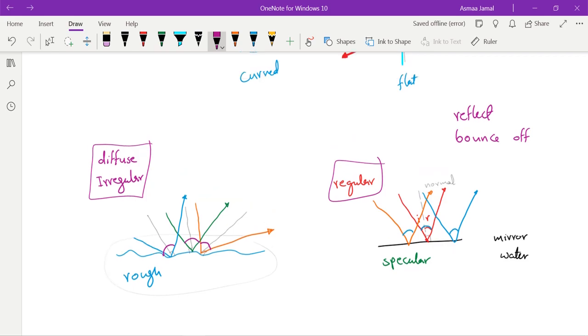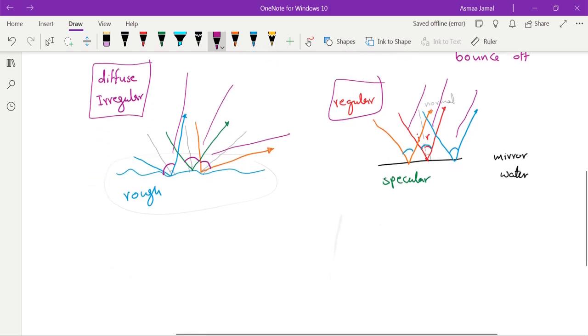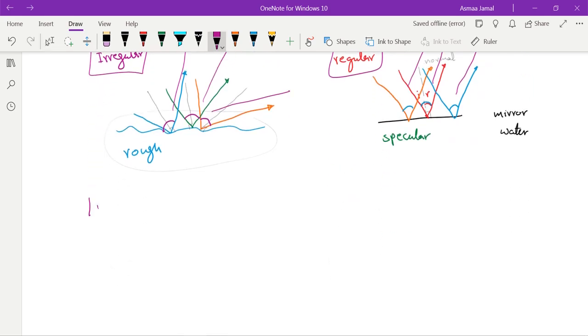In regular reflection, all the rays will reflect in the same direction, but in irregular reflection, the light will reflect in different directions. Whatever the type of reflection, we have a law that states the angle of incidence always equals the angle of reflection.